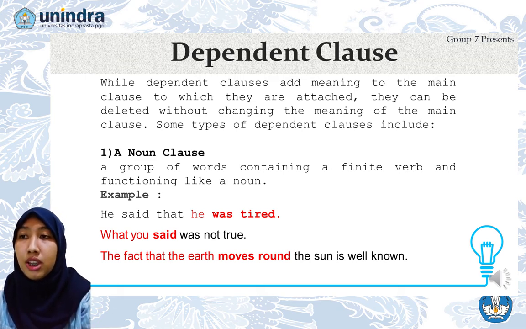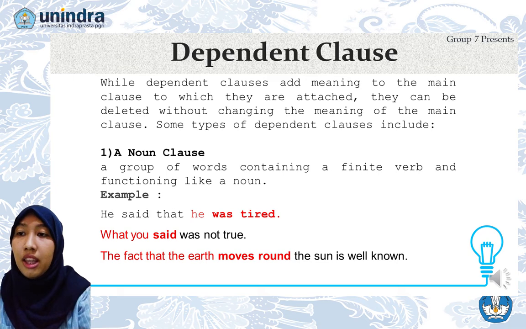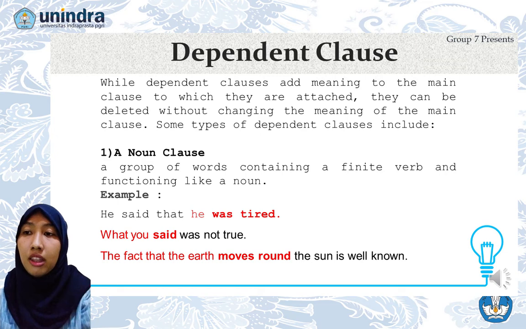A noun clause is a group of words containing a finite verb and functioning like a noun. For example, 1. He said that he was tired. 2. What you said was not true. 3. The fact that the earth moves round the sun is well known.